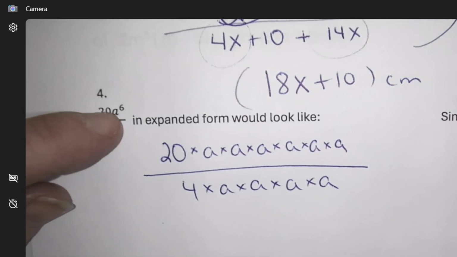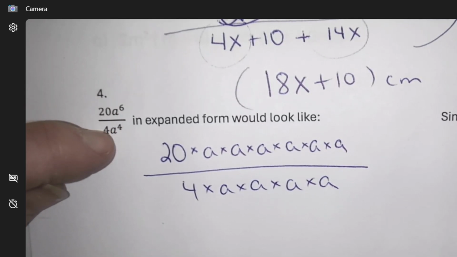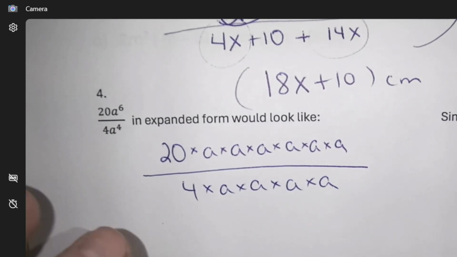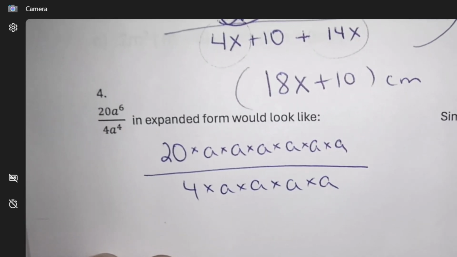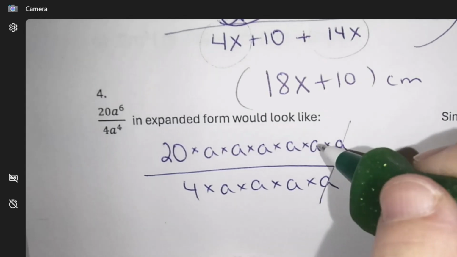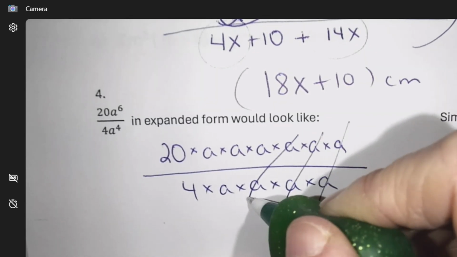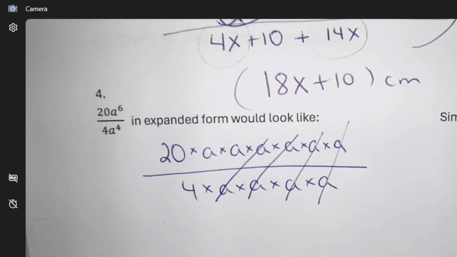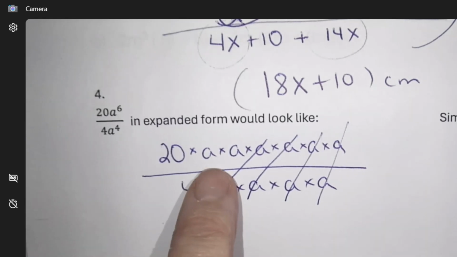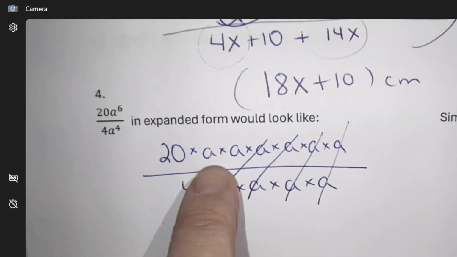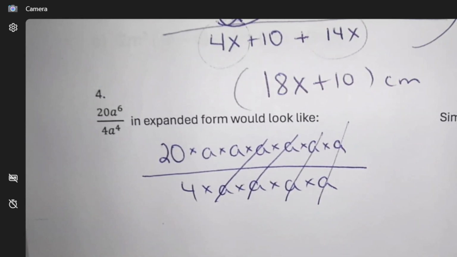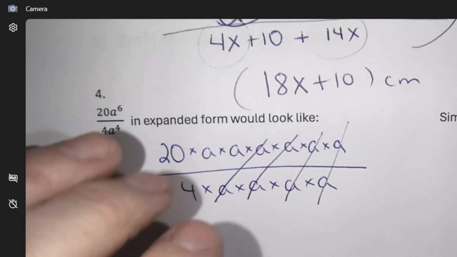And then this is all last unit. What do you do with division? What's the exponent-y rule? Subtract them. Okay, do you also notice this when I expanded them? This can cancel, this can cancel, this can cancel. And look at my A's. I have an A and an A, so that's squared.